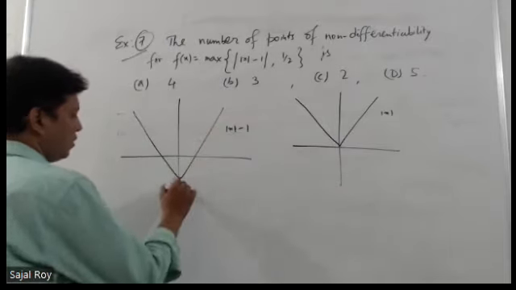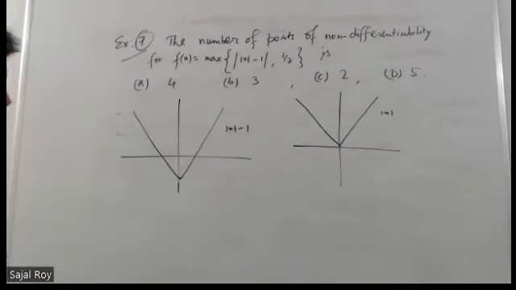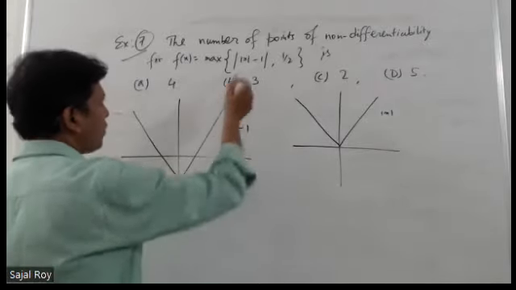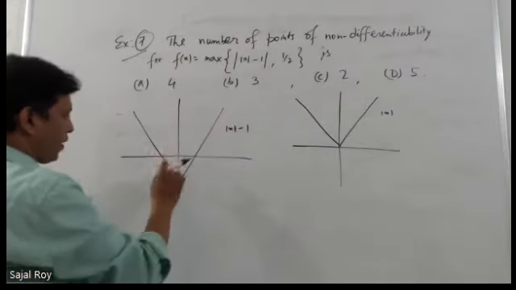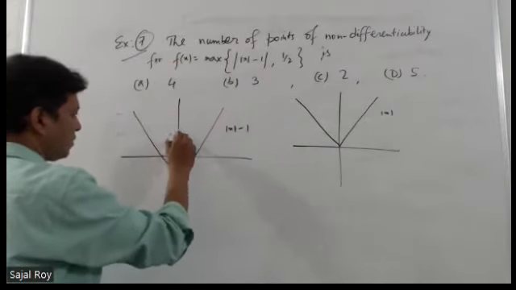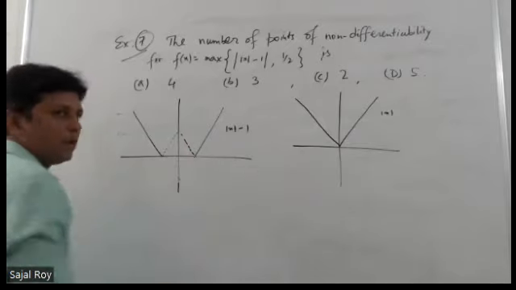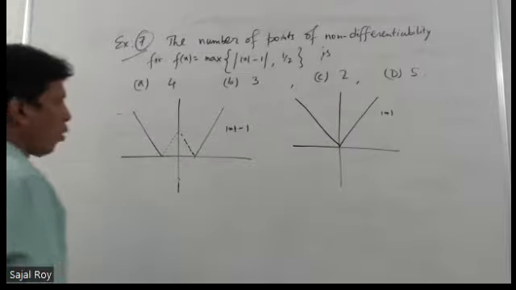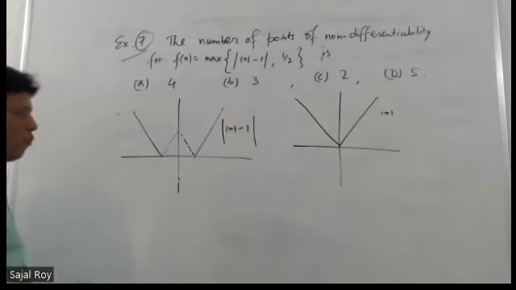This is okay. So mod x minus 1. Now you have modulus of x minus 1, so it will go up, right? Like the blue. So this is your mod x and modulus of mod x minus 1.